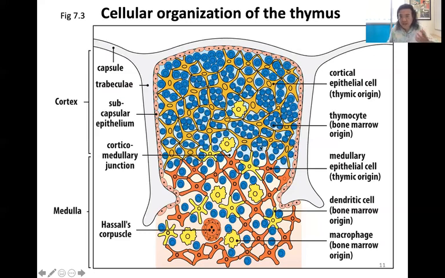As they start doing things like making T cell receptor, if they are successful at it, they migrate down to the medullary region, where they then interact with other types of epithelial cells. These larger reddish ones here help with quality control, seeing what types of T cell receptors are being made by these thymocytes.